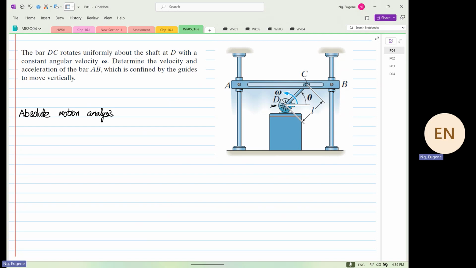So when a body is subjected to general plane motion, what do we mean by general plane motion?